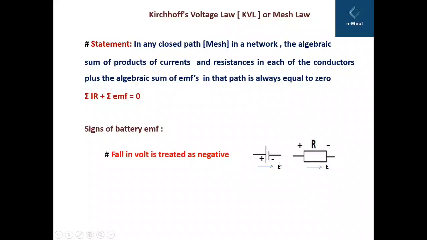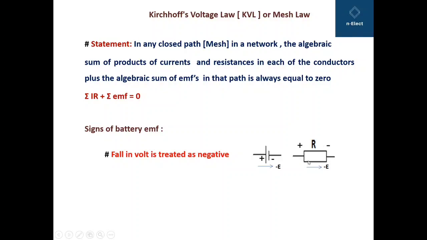As you can see from these diagrams, this is the positive terminal of the battery and this is the negative terminal, and let the current direction be from positive to negative. Since it is going from positive to negative, there is a fall of voltage, that is, it is going from higher voltage to lower voltage. So it is a fall in voltage, and it is treated as minus voltage or minus E.